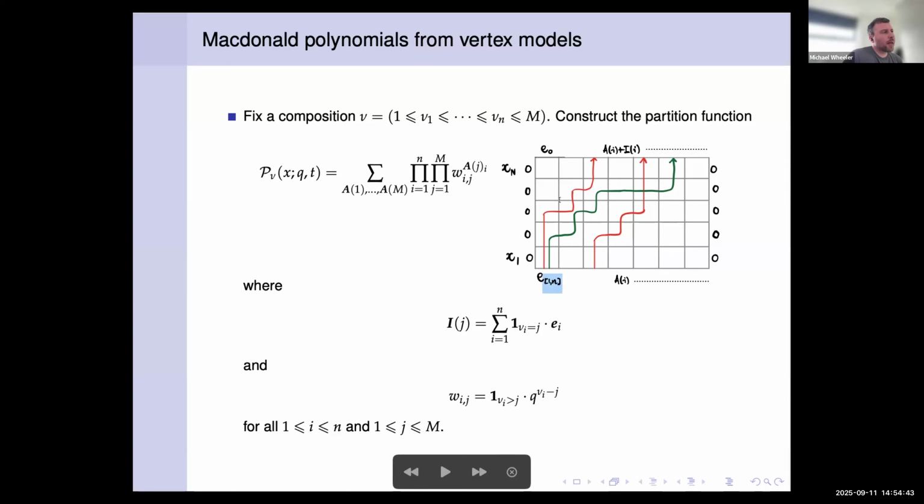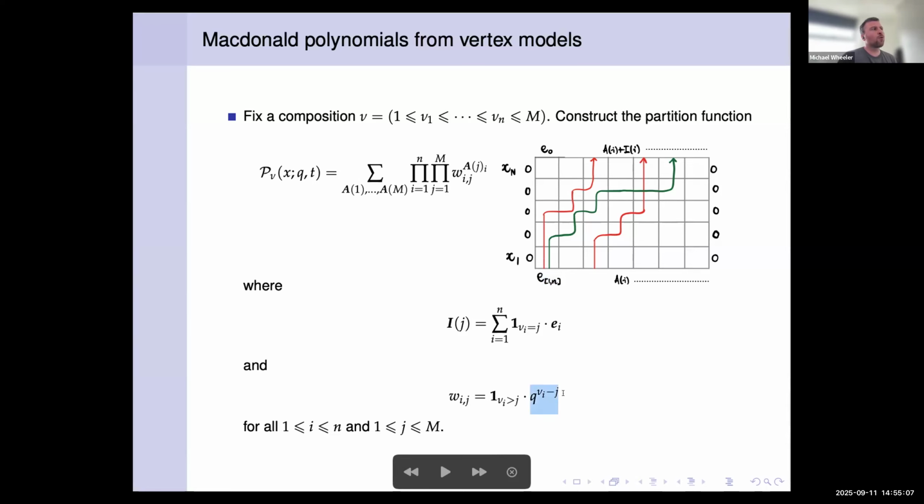And they go through the lattice according to the vertex weights that are given on the previous slide. And there is one subtlety here, which is that really you should think of this thing as living on a cylinder. So the paths are essentially allowed to wrap around the cylinder, such as the red one does in the picture here. And every single time that you wrap around, you get a power of Q.